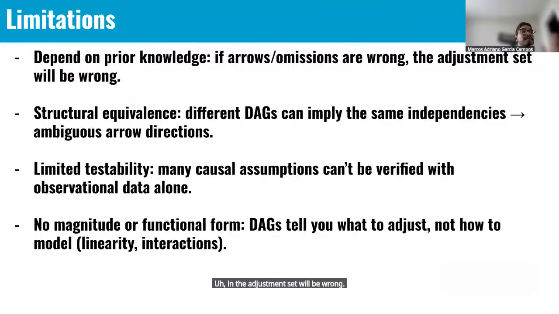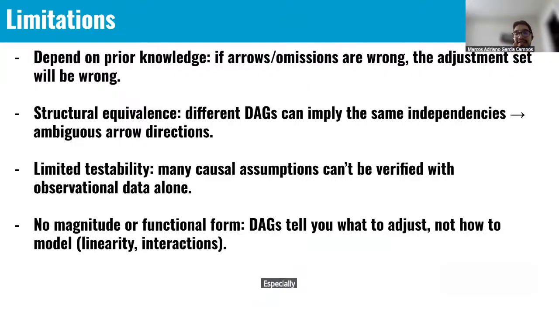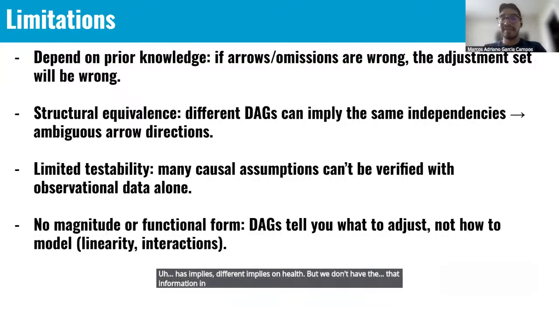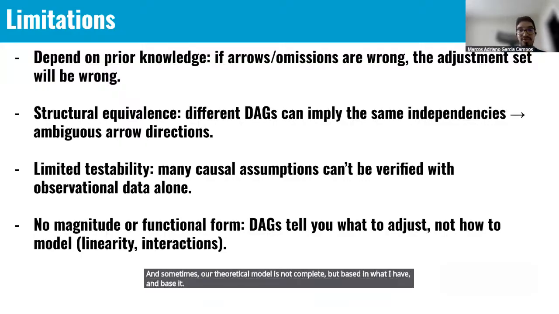For example, sometimes we have a limitation of knowledge, especially related to genetic issues, because genes have different implications on health, but we don't have that information in our database. And sometimes our theoretical model is not complete, but it is based on what I have and on the literature.